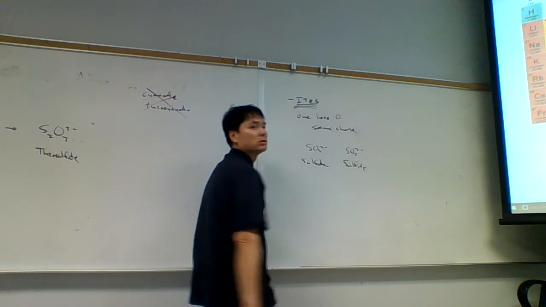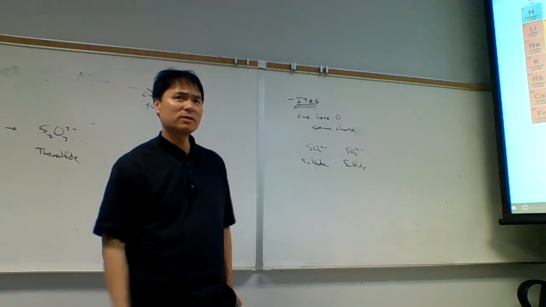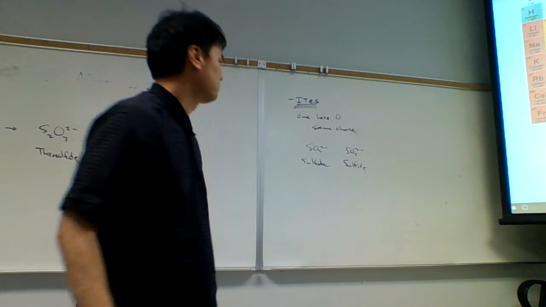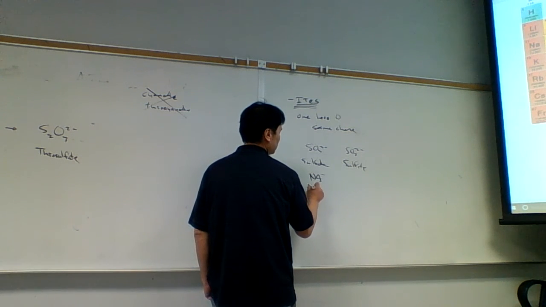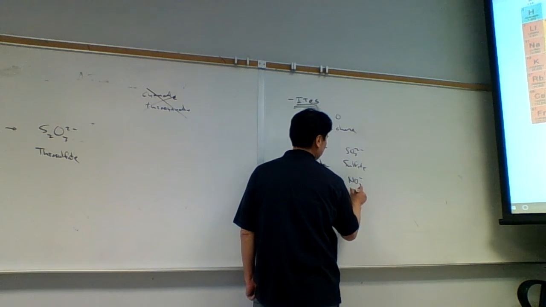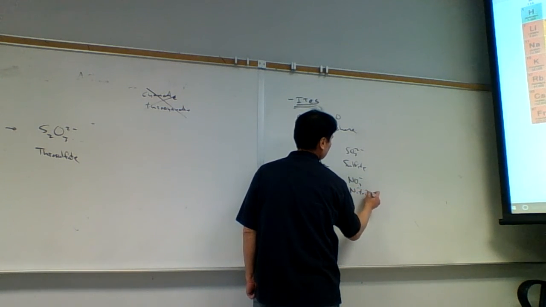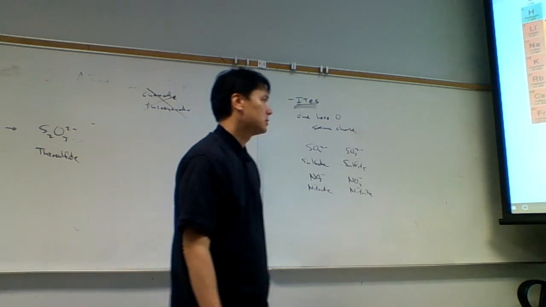It has the same charge, 1 less oxygen. So we don't really have to memorize sulfite as long as we know what sulfate is, right? NO3 minus is nitrate. NO2 minus is nitrite. So those are the -ites.